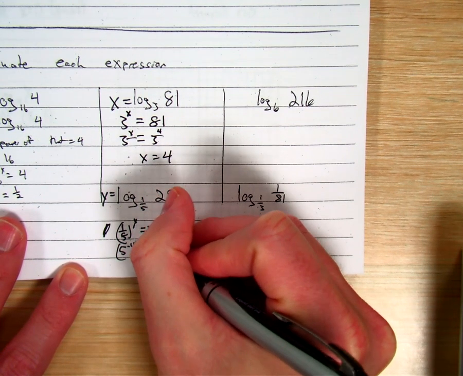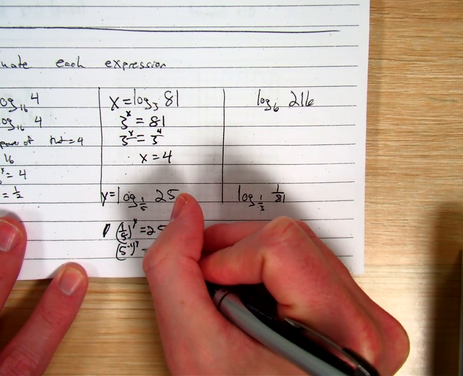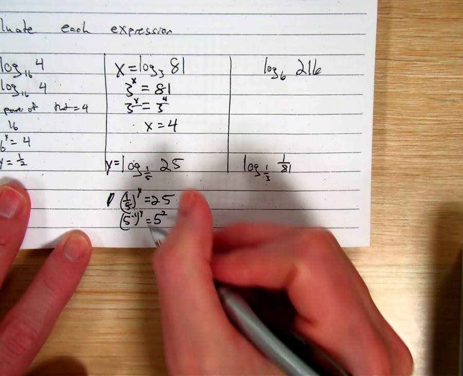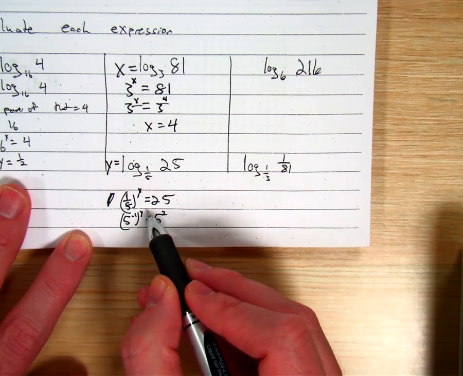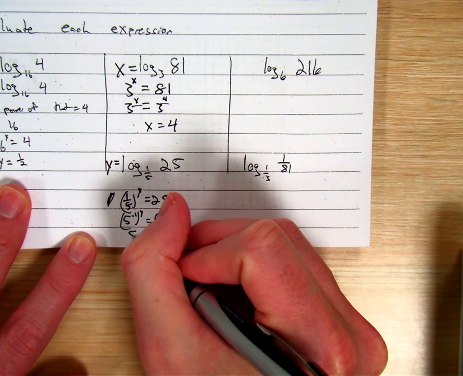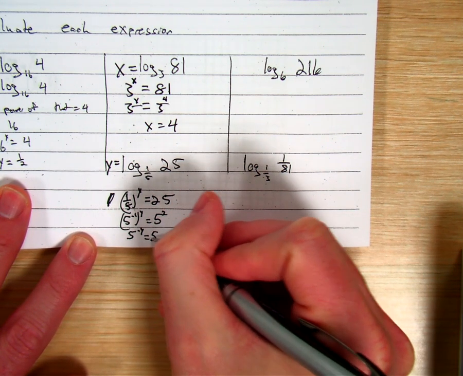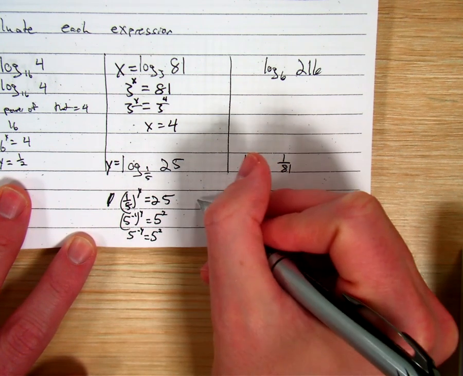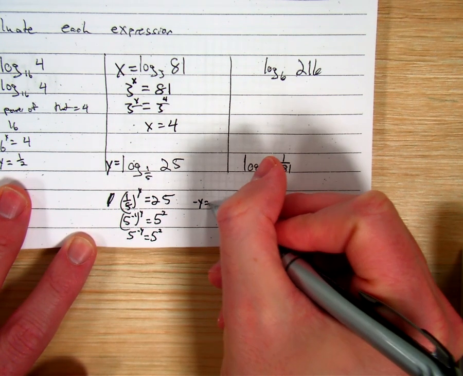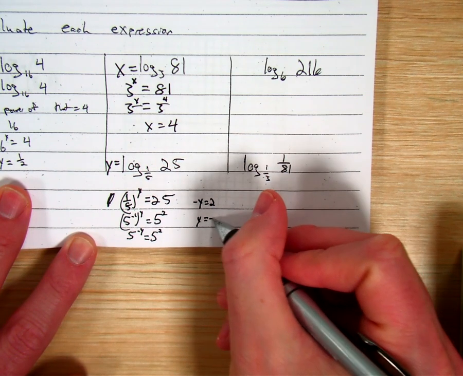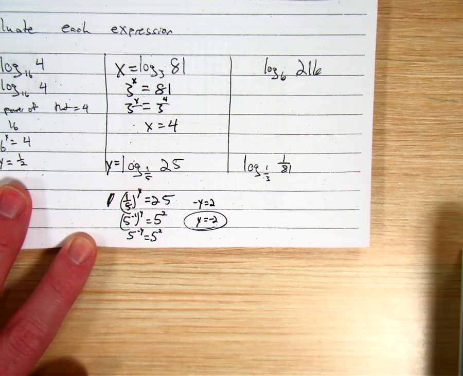So 5 to the -1 with y. 25 is 5 squared. So when we have power, parentheses power, we multiply. So we're going to have 5 to the -y power equals 5 to the 2nd. So we have -y equals 2, or positive y equals -2.